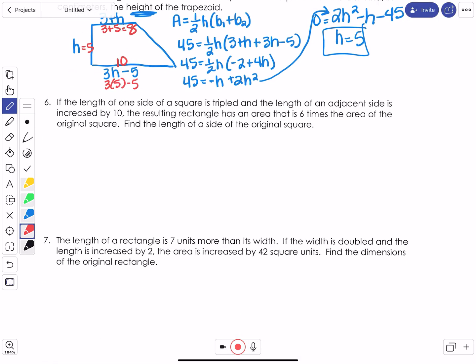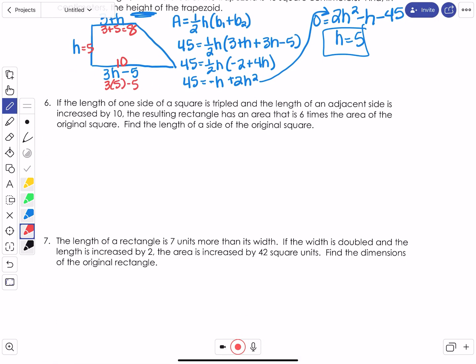Okay. Next one, number 6. The length of one side of a square is tripled. So we're talking about a square here. And the length of an adjacent side is increased by 10.